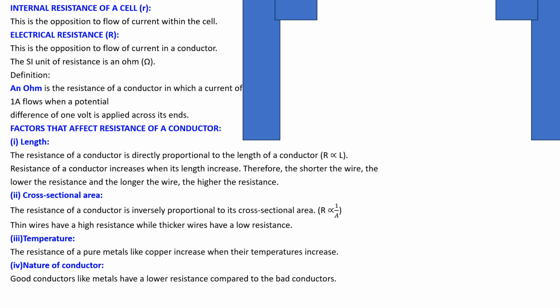Bad conductors, in the case of insulators, do not allow heat or electricity to flow through them. This is because they do have electrons, but their atoms are firmly packed so electrons do not flow through them.